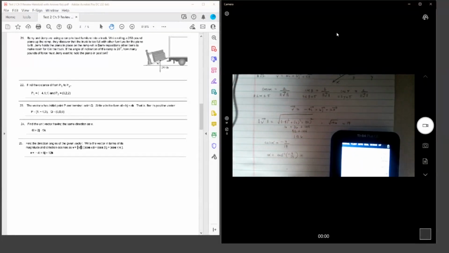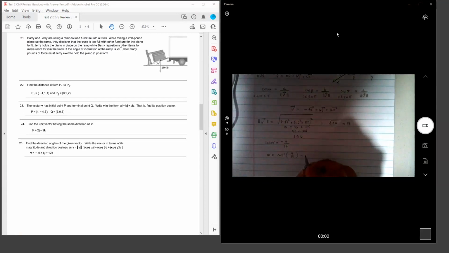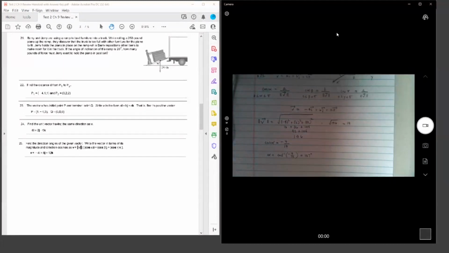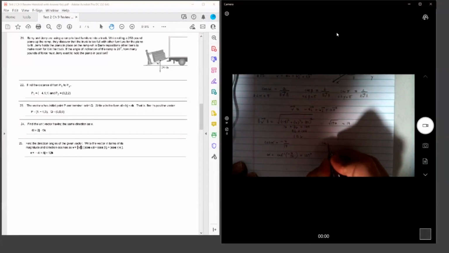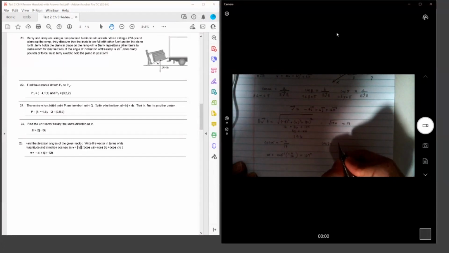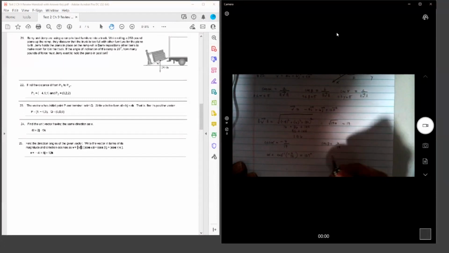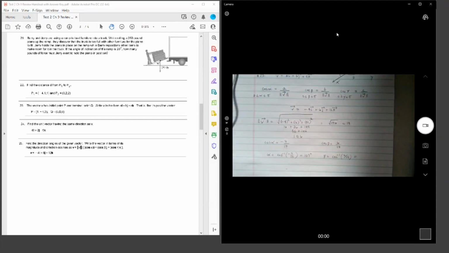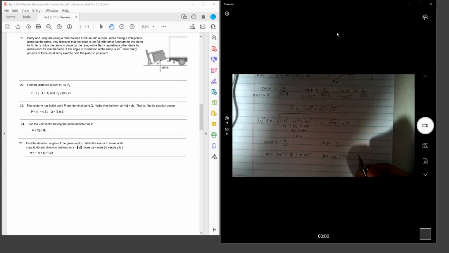So the inverse cosine of negative 4 divided by 14, which is 106, I'm going to put 107, which is clearly between 0 and 180. The cosine of beta is equal to 6 over 14. Beta is equal to the inverse cosine of 6 over 14, which I get rounded up to 65.